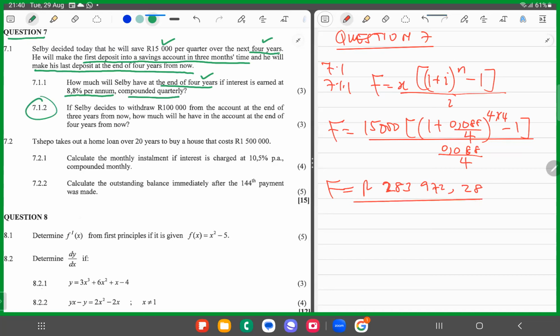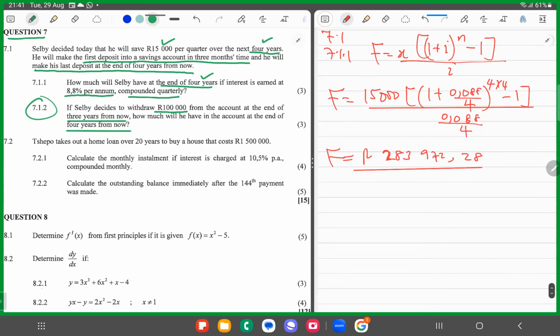But in 7.1.2, if Selby decides to withdraw 100,000 from the account at the end of 3 years from now, how much will he have in the account at the end of 4 years from now? Right, let's look at this.